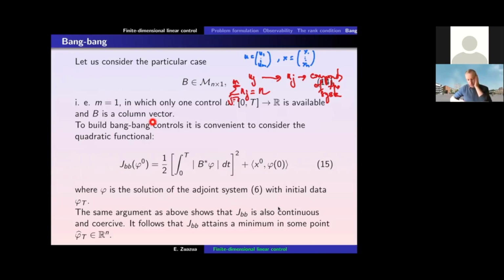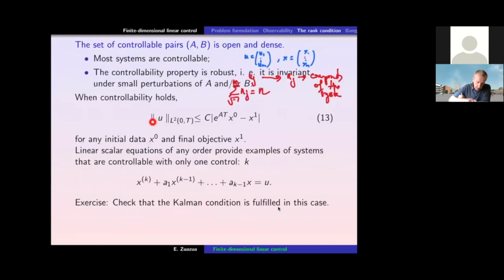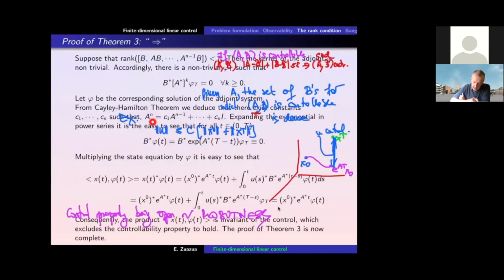Now, you have probably heard also about bang-bang controls. Bang-bang control is a very important notion, right? Why? Well, because the controls we have built so far are very nice and very smooth, right?